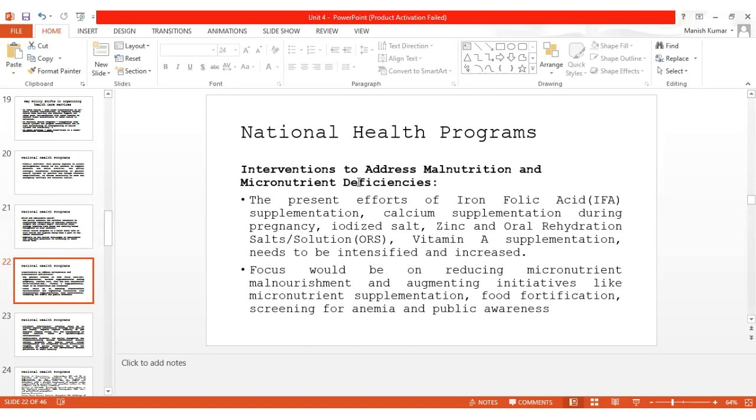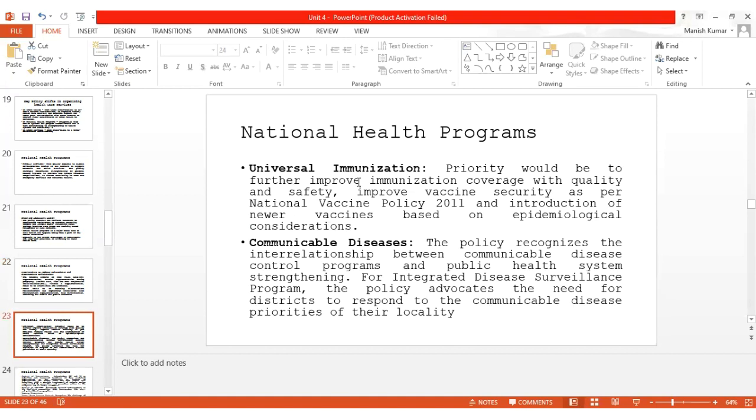Then for addressing malnutrition, there is something called FSAM, facility based care of severe acute malnutrition. Of late, as I said, the government of India has come with the CMAM guideline, community based management of acute malnutrition. The universal immunization UIP, Mission Indradhanush MI3, we are currently rolling out. So this is taken care of by the health programs.